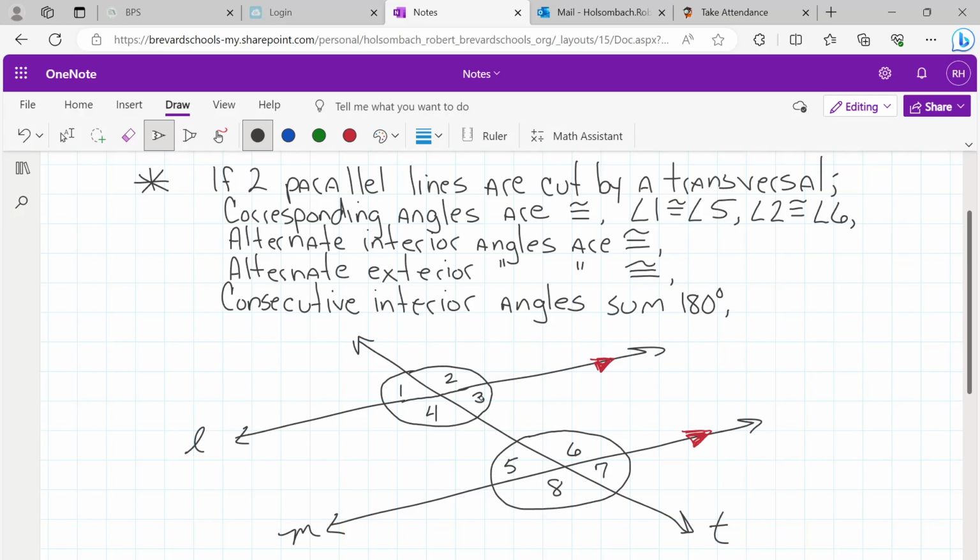So angle 3 and which angle are alternate interior? 3, 4, 5. Alternate sides of the transversal in the interior. So 3 and 5 are called alternate interior angles. So angle 3 is congruent to angle 5, which makes angle 4 congruent to angle 6.